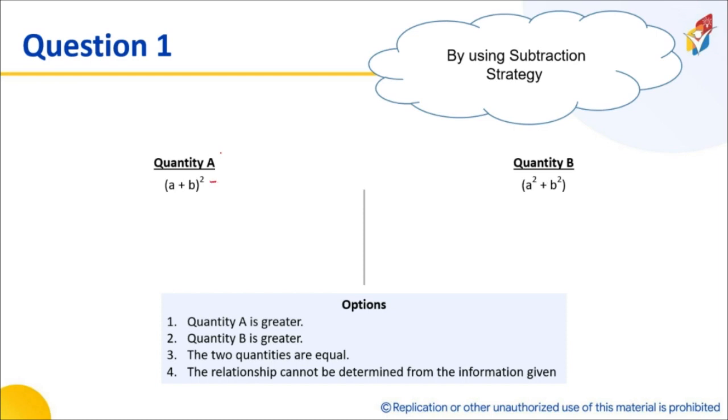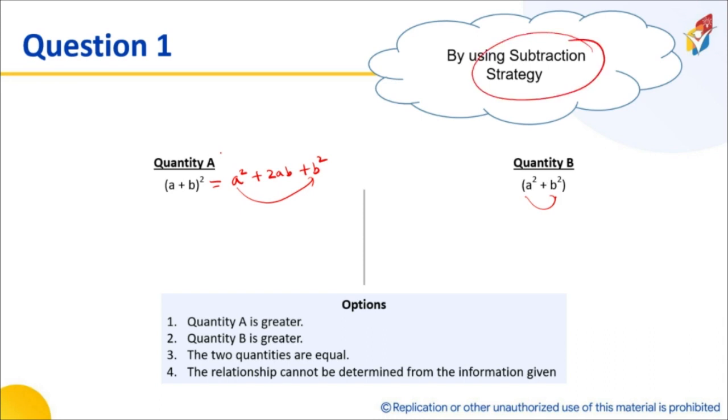When you expand quantity A, you get A square plus 2AB plus B square. You would also notice that the A square and B square terms here are very similar. That should tell you that I should be using the subtraction strategy.